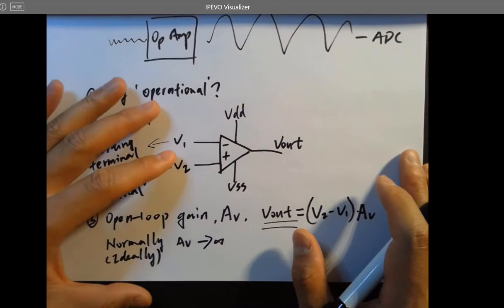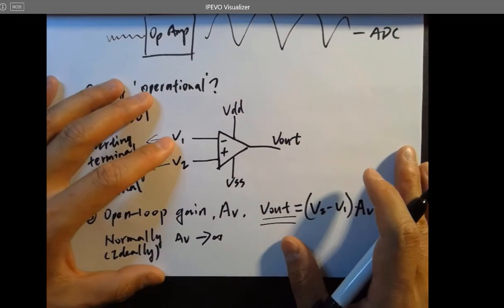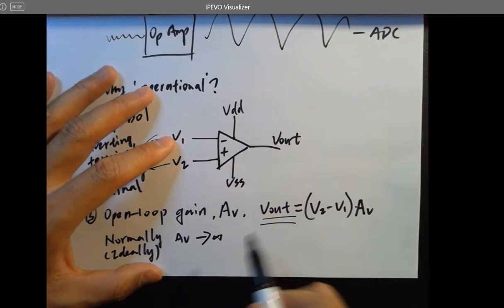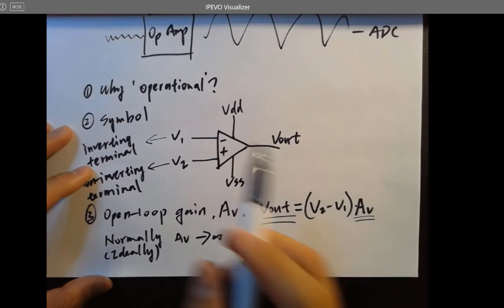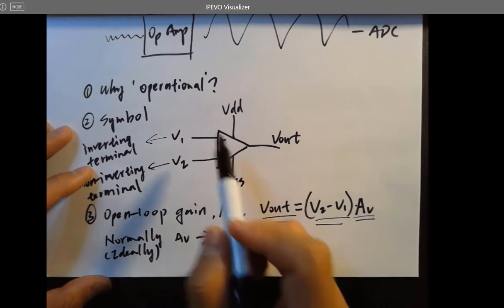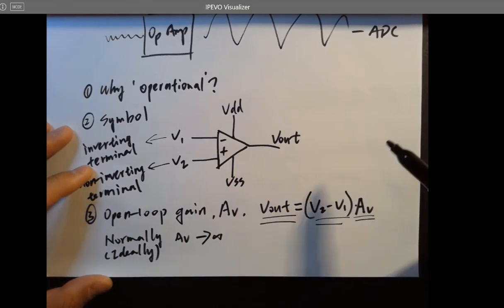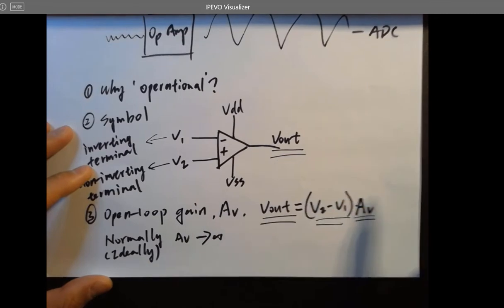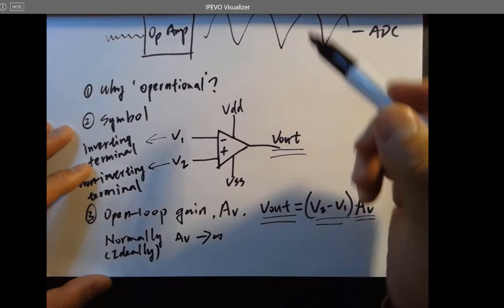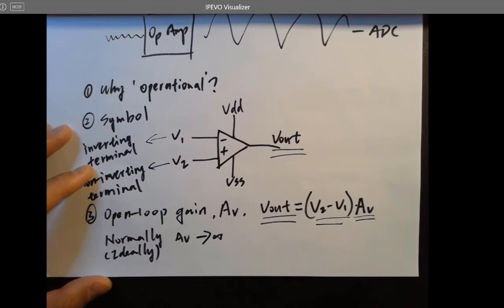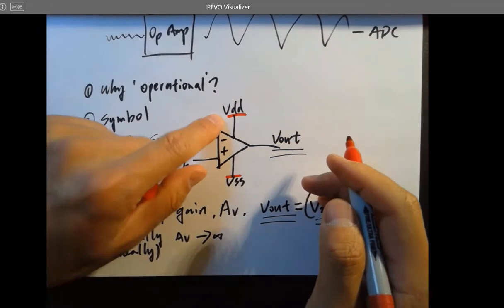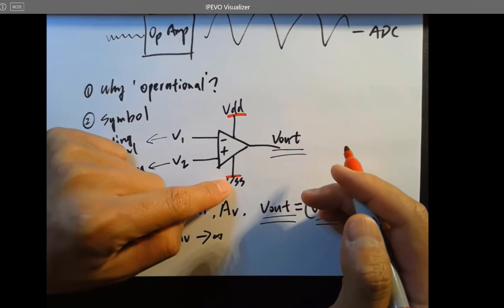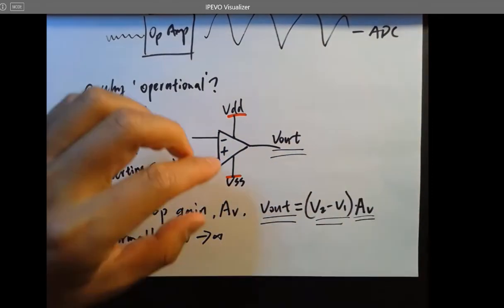It's not really infinity. So you can imagine that if this is a huge gain, a tiny difference between the two terminals will give you a really high voltage output. However, since you have a voltage limitation in the circuit, for example, this is 5 volts and this is 0 volts, that's a power supply.